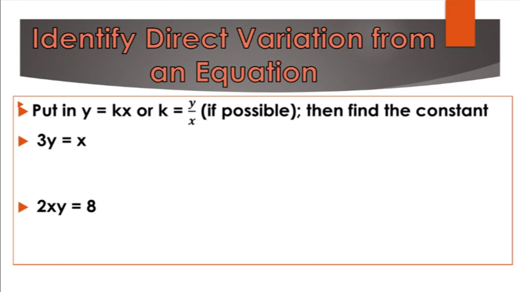Next one, divide by 3 on both sides. y equals x divided by 3. Now this looks like it wouldn't be direct variation, but yes it is, and here's the reason why. If I were to rewrite y equals x divided by 3, it's really y equals 1/3 times the x.